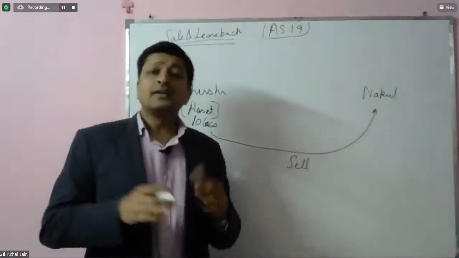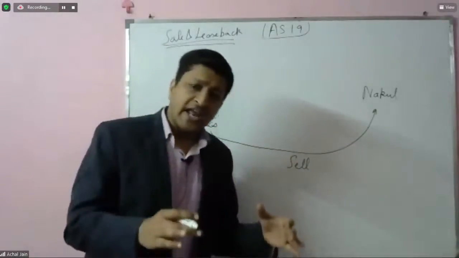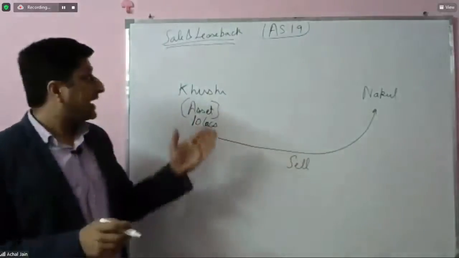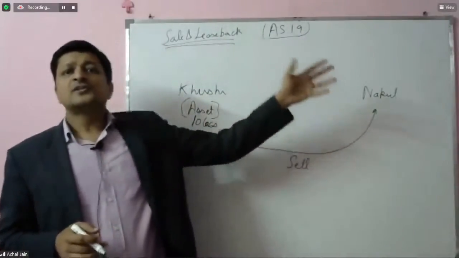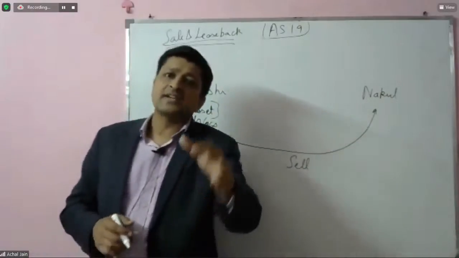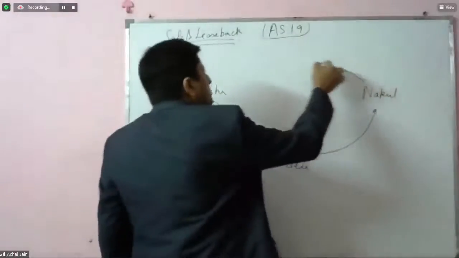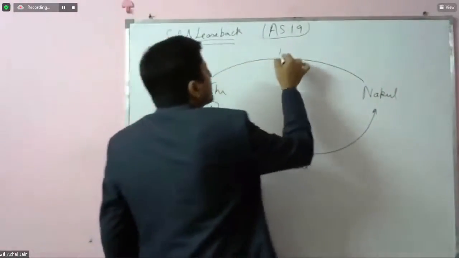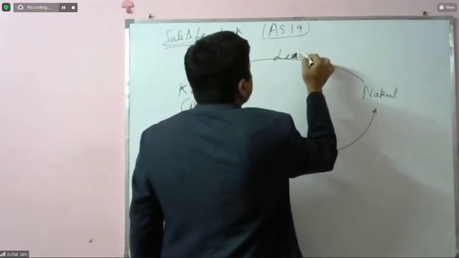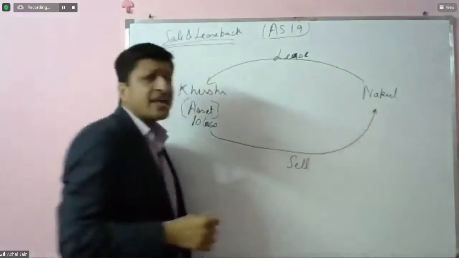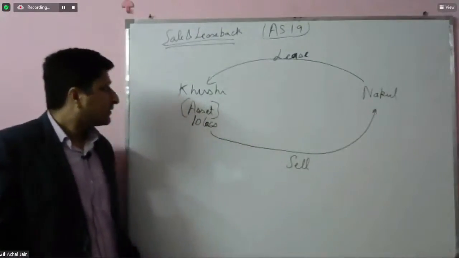But Kushi still needs this asset. So that's why Kushi has made this arrangement with Nakul that the same day when I sell this asset to you, same day I will take this asset on lease from you. On the very same day, Nakul has given this asset on lease to Kushi. So as a result of this, let's see what has happened.